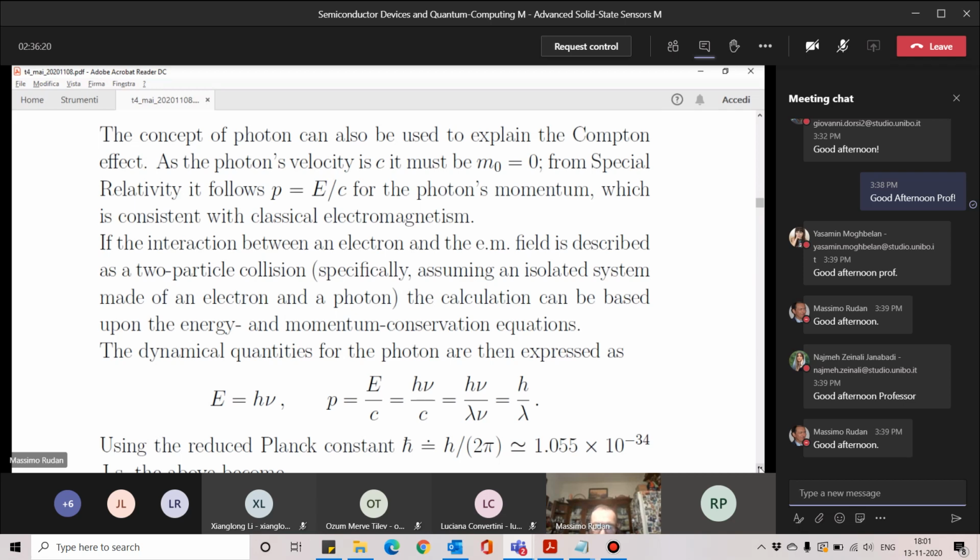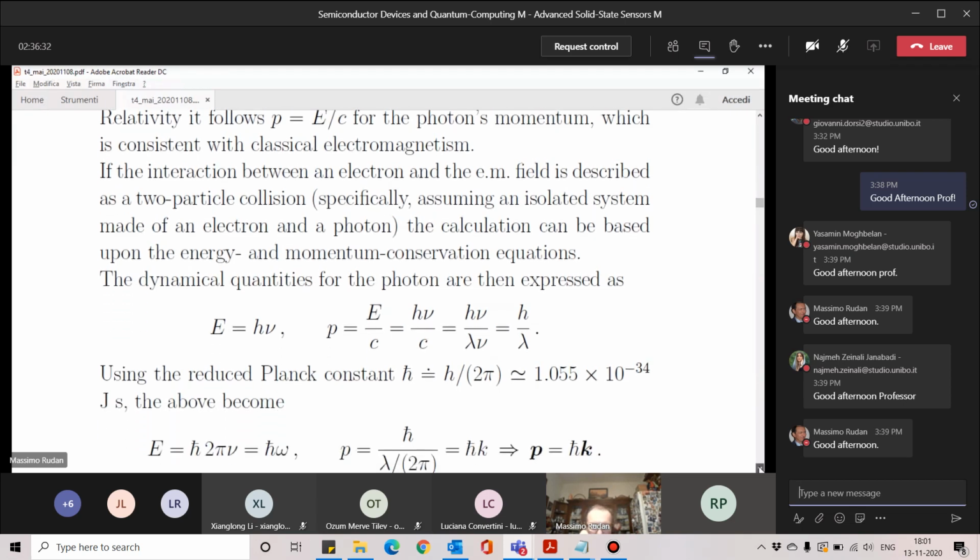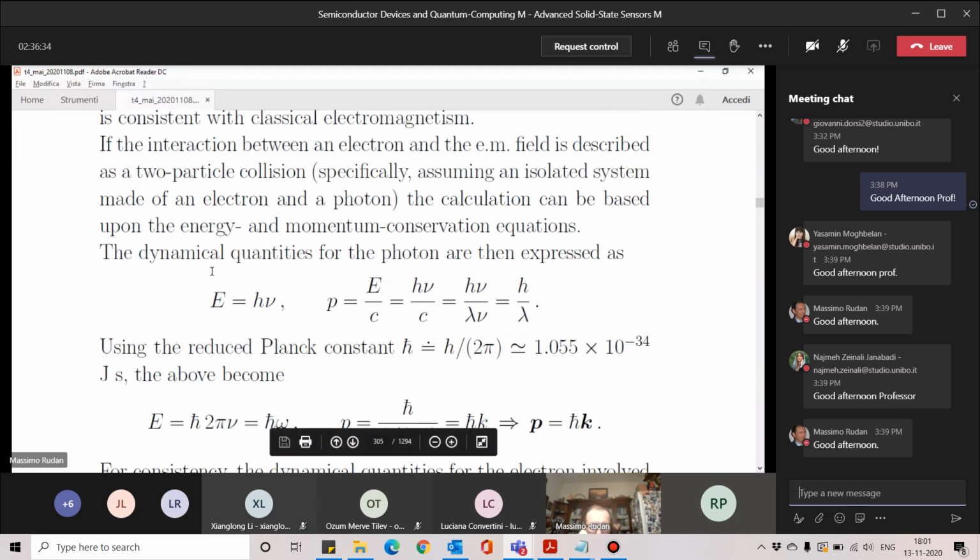So we simply take the same result for each individual photon. It is seen here in the formula. We know that for the individual photon, the energy is h nu. When we use the expression of momentum that comes from the electromagnetic theory, the momentum of the photon is the energy divided by c.